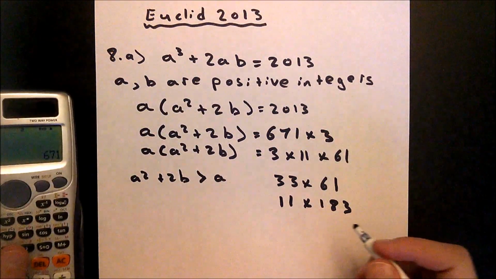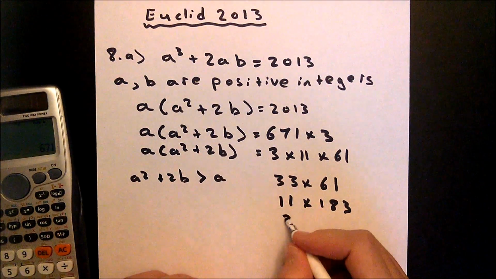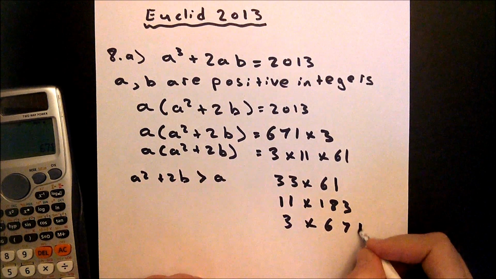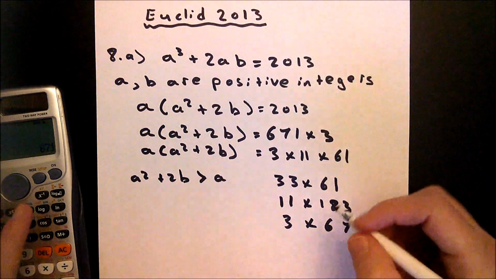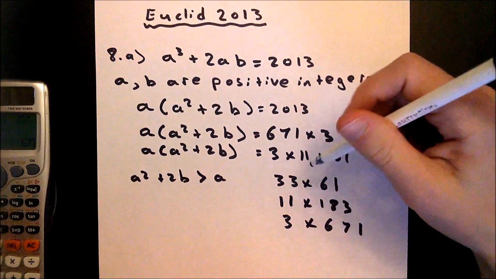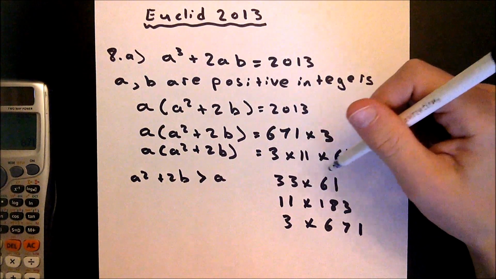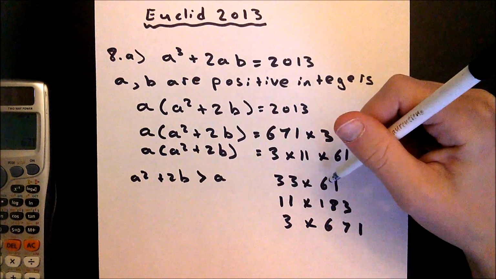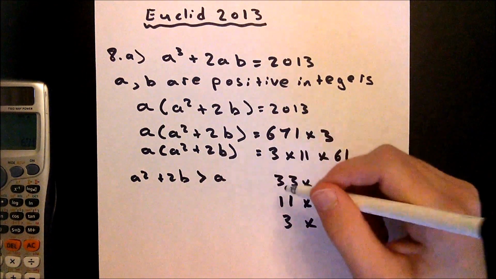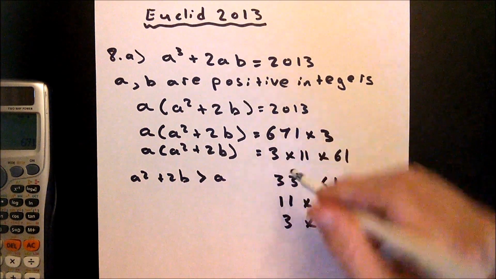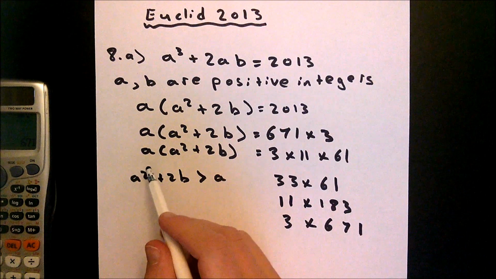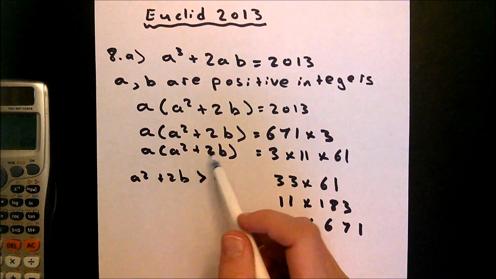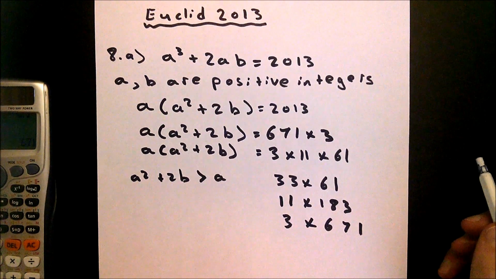Then we get 671 times 3. Okay, so those are all the different ways we can split up these three factors into two things multiplied together. And we're always going to have the lower number on the left because a will always be smaller than a squared plus 2b if a and b are both positive integers.